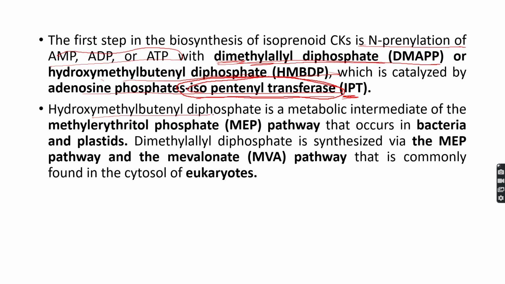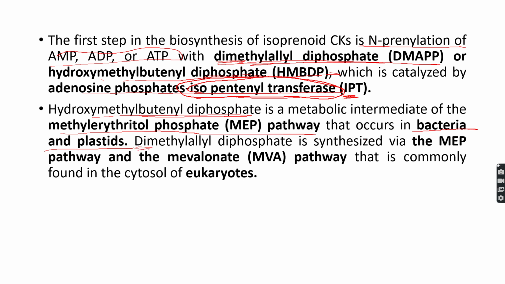Hydroxymethyl butenyl diphosphate basically is an intermediate of one secondary metabolite biosynthesis pathway, that is the methyl erythritol phosphate pathway, that occurs in bacteria and plastid, which means it is happening in your prokaryotic cells.